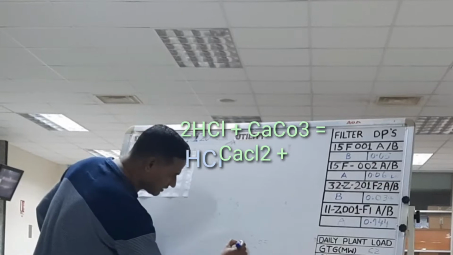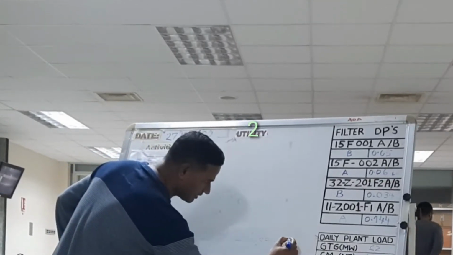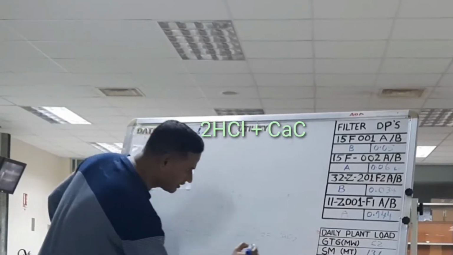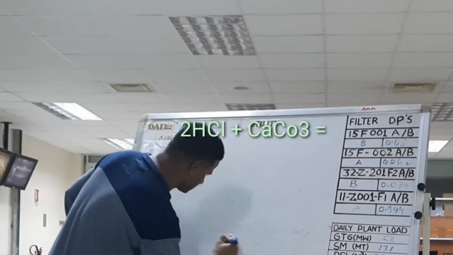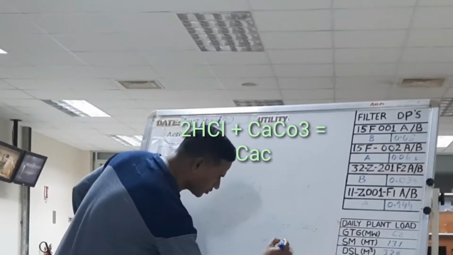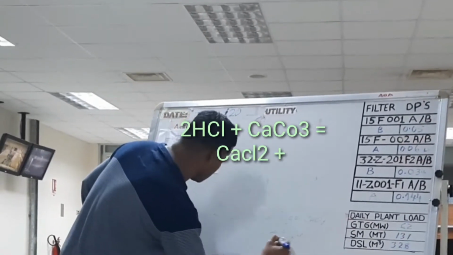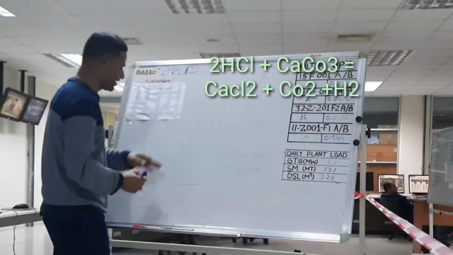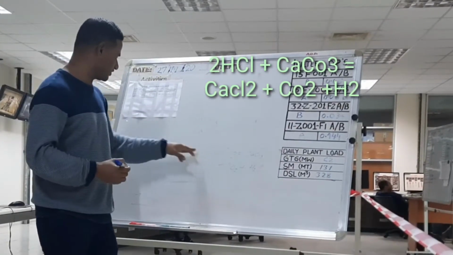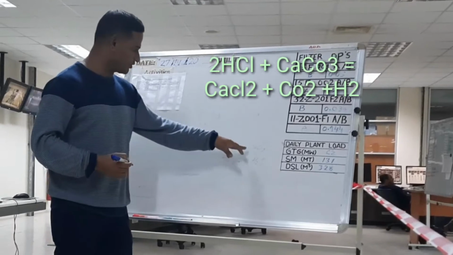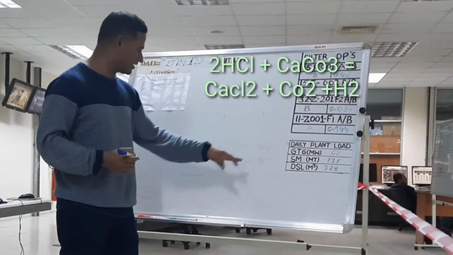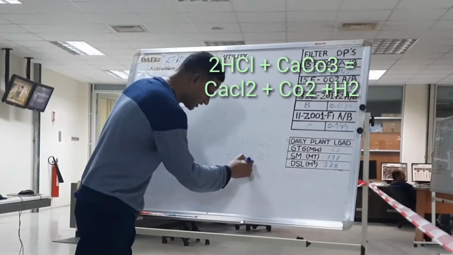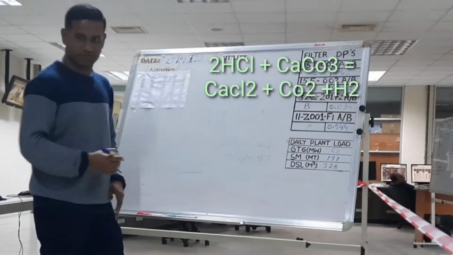If calcium carbonate reacts with hydrochloric acid, it will produce calcium chloride, carbon dioxide and hydrogen. These last two are gaseous products.